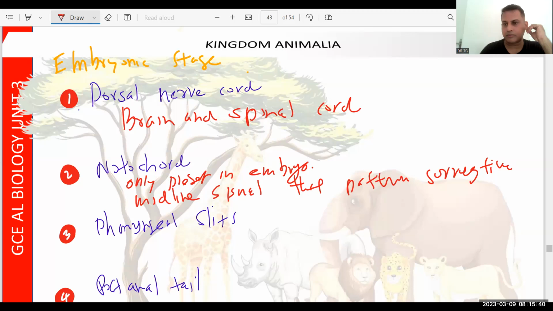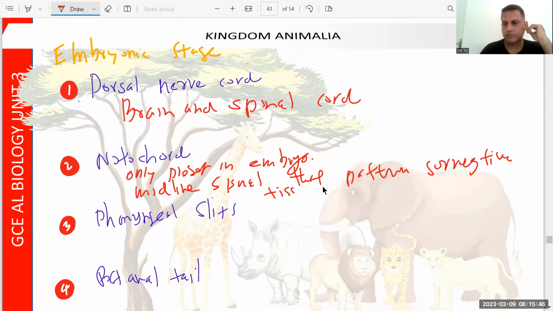So it is a midline signal that patterns surrounding tissue development. It is just a line which helps the tissue divide into two halves.